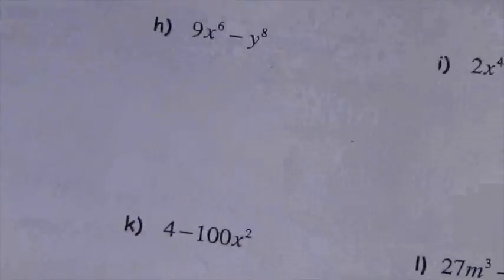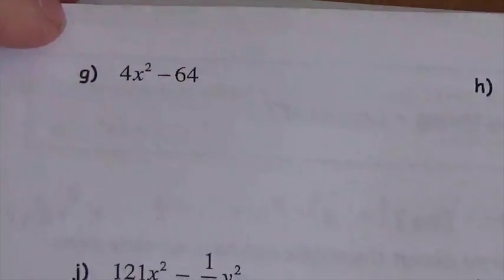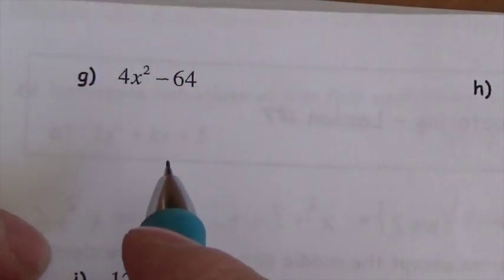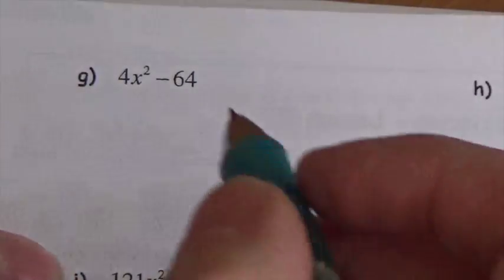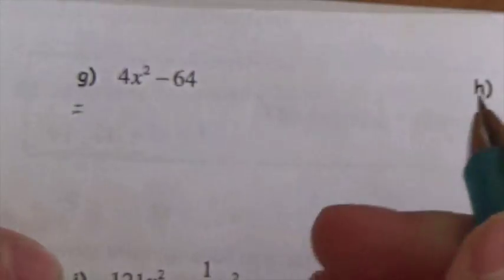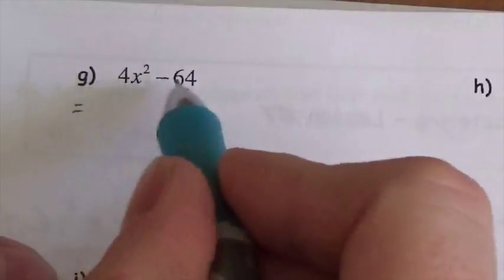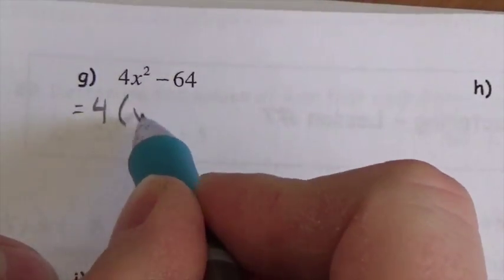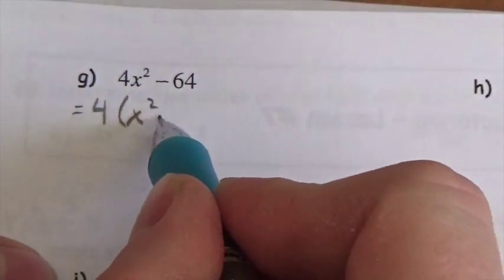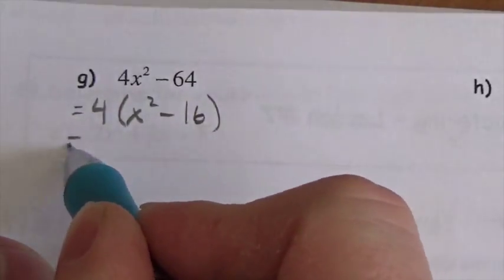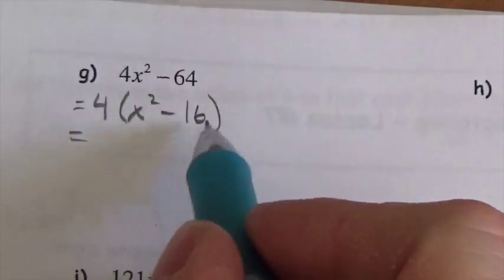Just a few more here. All right, 4x squared minus 64. Now, this is a difference of squares just the way it sits here. However, there's a common 4 here that I can take out. It would probably be smarter to take that out first. And when you divide 64 by 4, you're going to get 16 here.